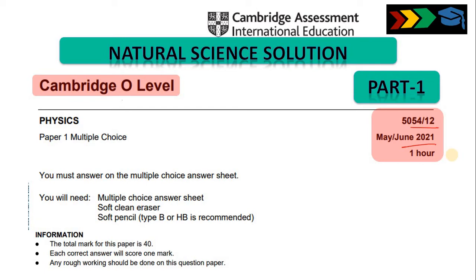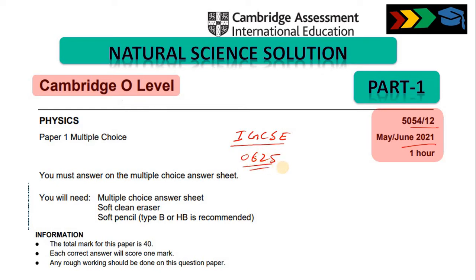Remember, these O Level papers can also be used by students who are doing IGCSE. IGCSE students can use the O-level paper, or O-level students can use it for further practice, and they can also use the IGCSE 0625 paper.